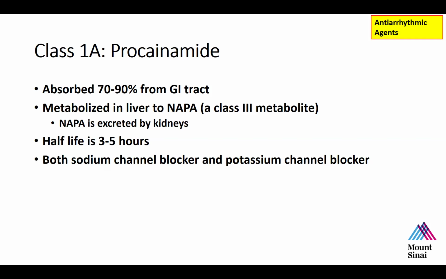And so it is effectively both a class 1 and a class 3 agent, and used to be that you could get NAPA levels even in someone who was very critically in need of procainamide and a proper dose. So again, it works as both a sodium channel blocking agent, but it also has potassium channel blocking effects as well.